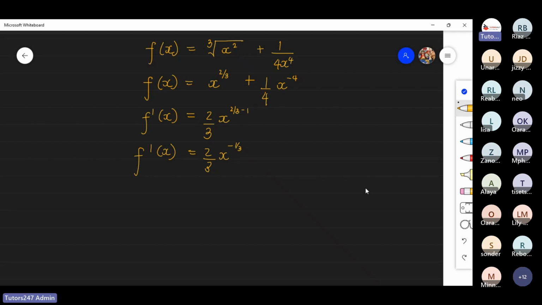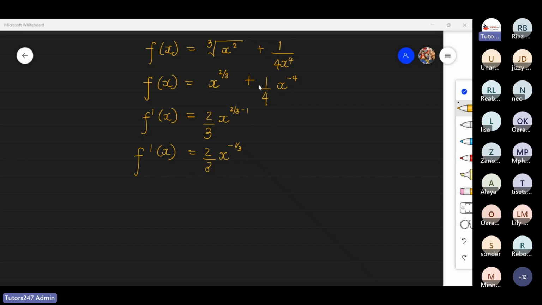Let's look at our second term. Now, second term is 1 over 4 x to the power negative 4. So just as before, we're going to multiply our exponent, which is negative 4, times the coefficient, which is 1 over 4.